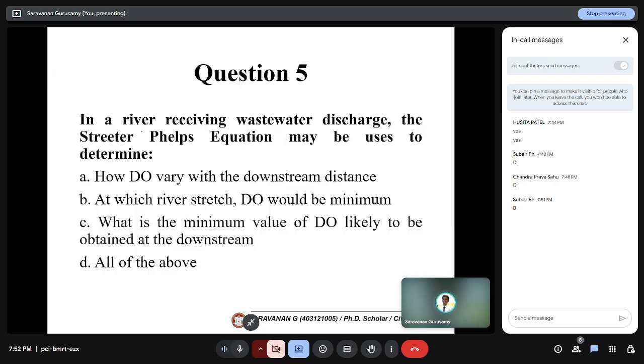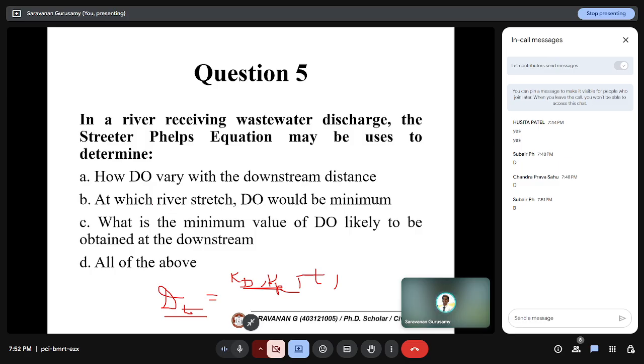In a river receiving wastewater discharge, the Streeter-Phelps equation may be used to determine what? Why are we using the Streeter-Phelps equation? To find DO at any time t based on KD, KR values. At the t value, we are finding the deficit.